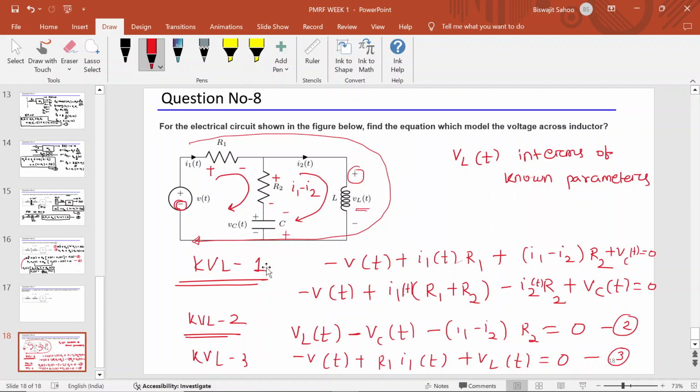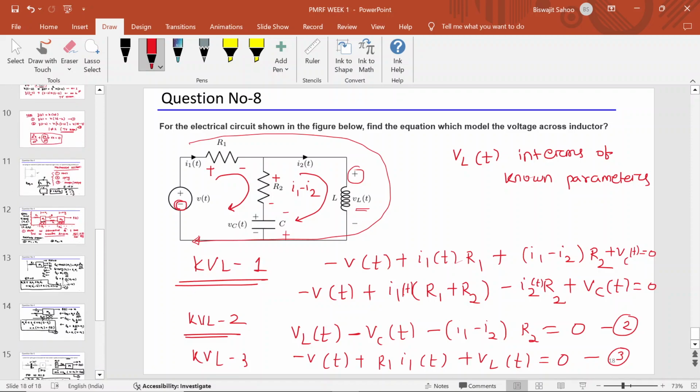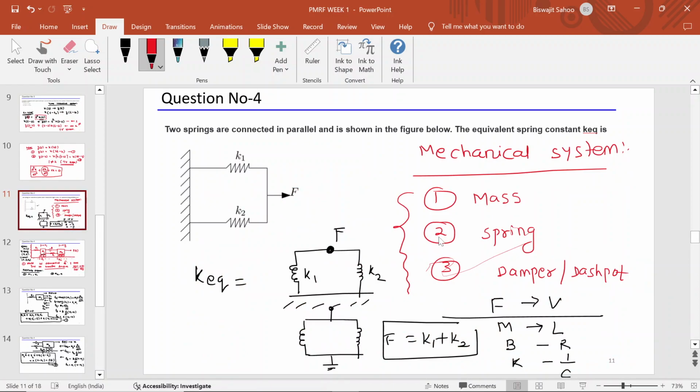Can you go back to question 4? Here you have taken force voltage, but there is also the possibility that you can take force current. Why are you taking only force voltage?